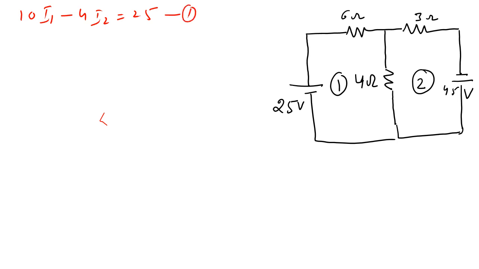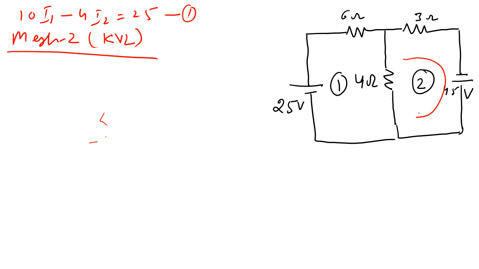Now we have to apply KVL to mesh 2. So we will move to mesh 2, and in mesh 2 we are applying the KVL rule. The direction of the mesh current is like this. This is I2, and the same is the direction of the mesh, or you can say the loop.